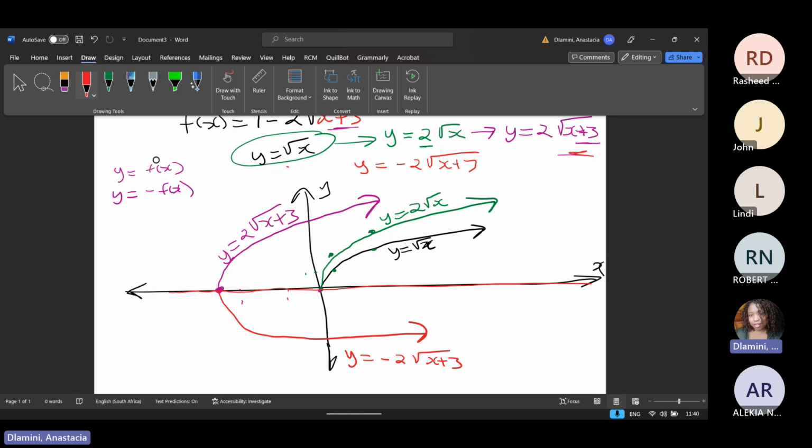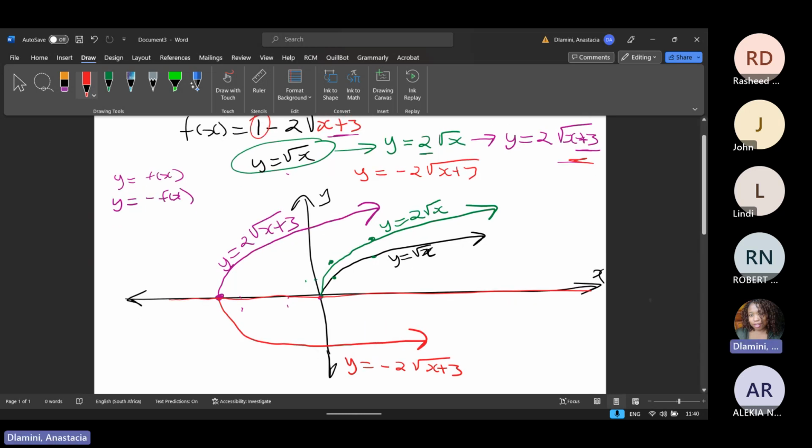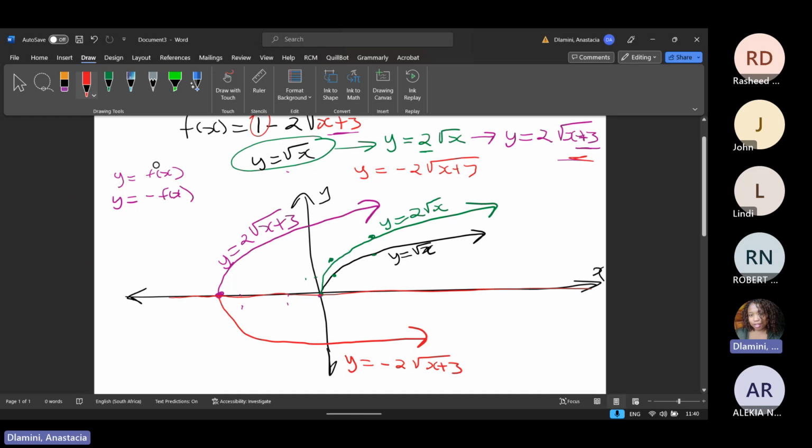Are we done? No. There's a 1 here. Based on the transformations as well, if you have y is equal to f of x plus 1, it means you have shifted the graph vertically by 1 unit upwards.